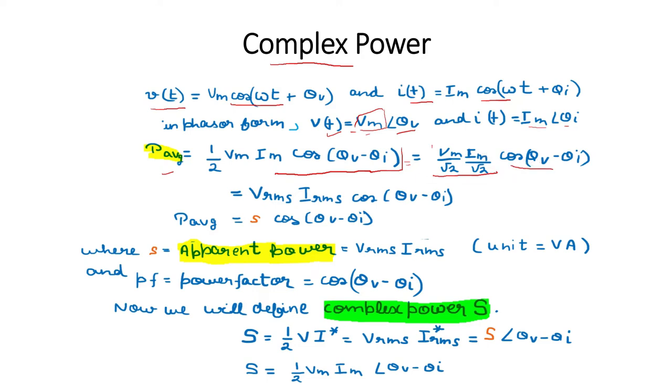And we all know that the maximum value divided by root 2 for a cosine wave is equal to its RMS value.